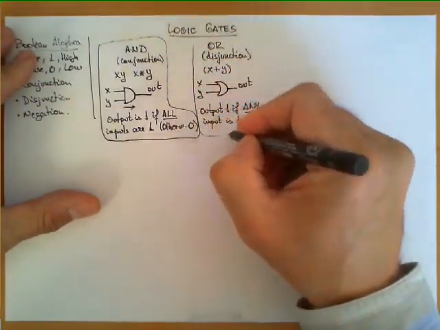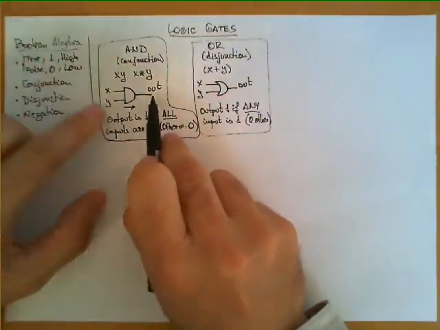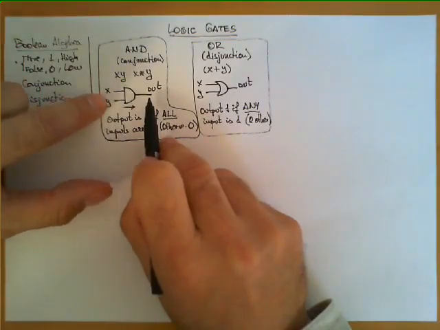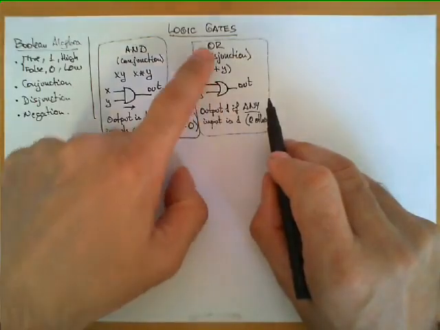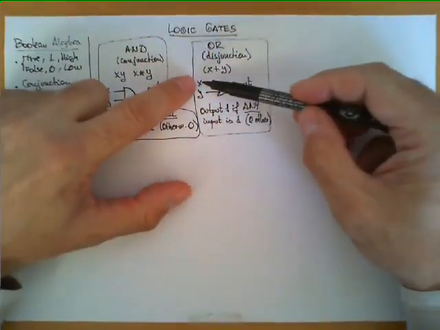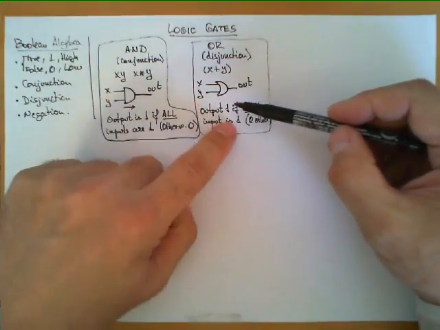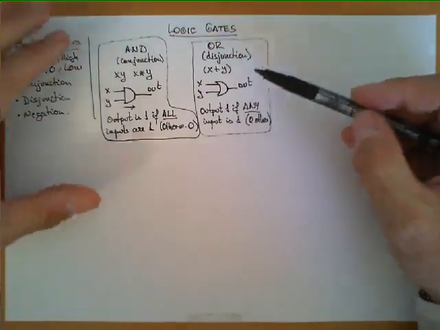So as you can see, the difference between these two gates is that in order for the AND gate to produce a 1 in the output, all the inputs have to agree on value 1. Whereas for the OR gate, or the disjunction, it is enough for any one of the inputs to be 1, and the output will then almost immediately become 1.